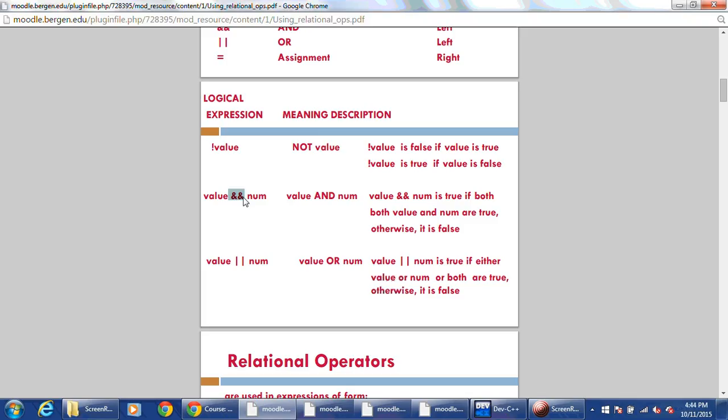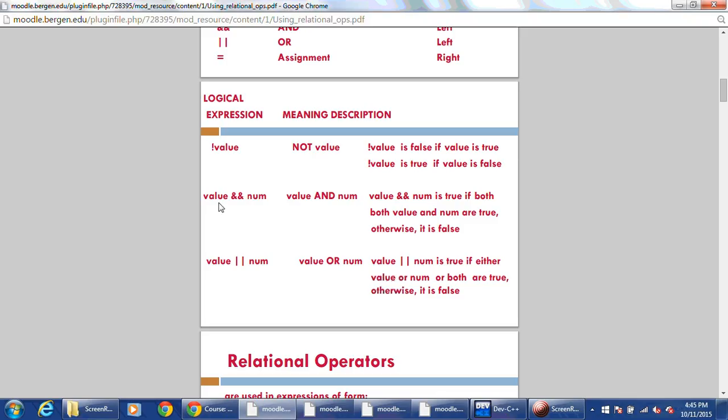The only way that an expression involving an and operator is going to be true is if both left and right operands are true. Otherwise, you're going to get a false. So if you have true and true, then that'll be true.